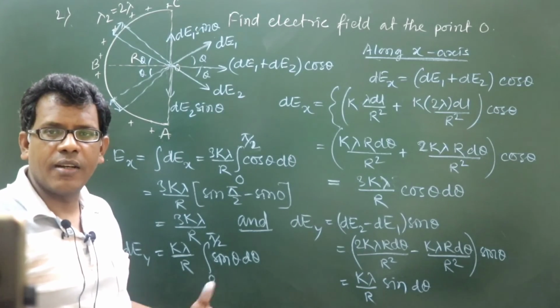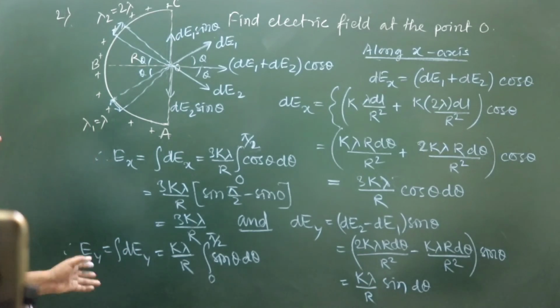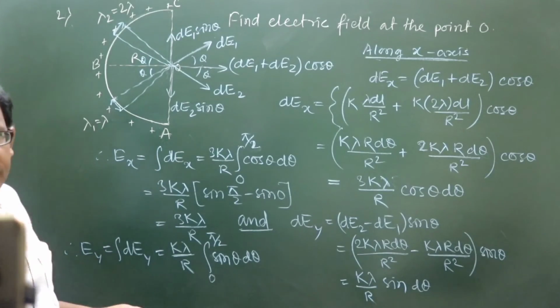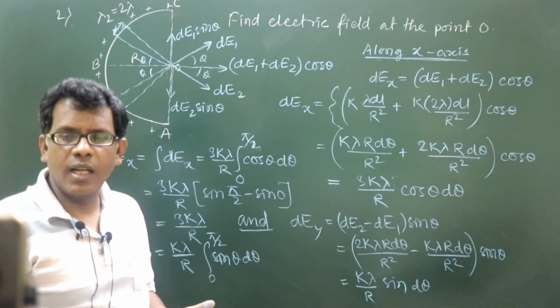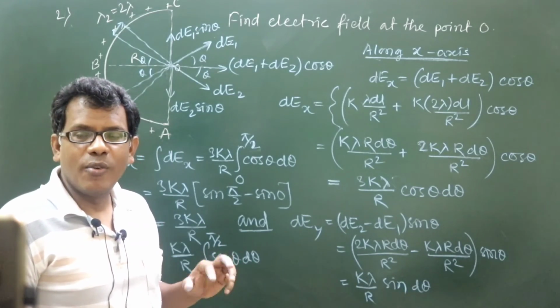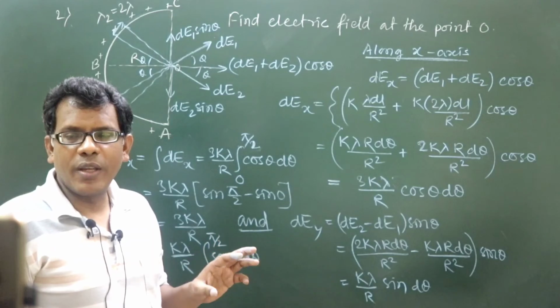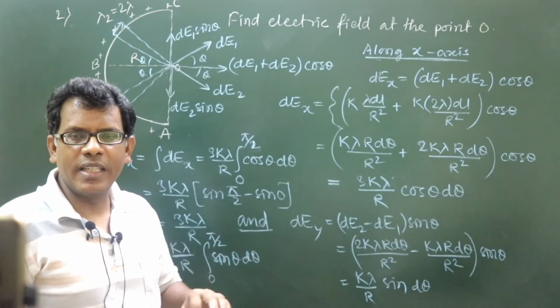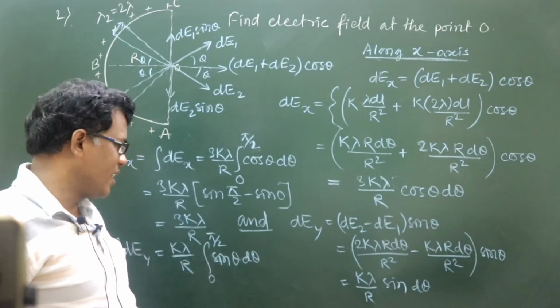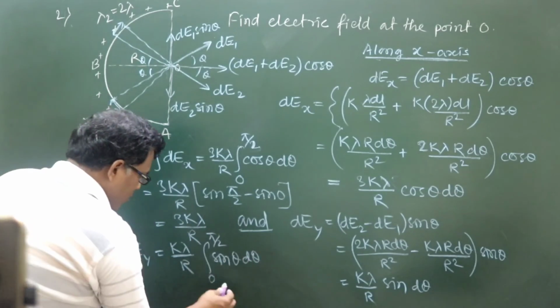If we integrate theta for one half, it will automatically cover all elements on the other side as well. So integration of sin theta will be minus cos theta, right? For limit 0 to pi by 2, we can make it plus, interchanging, that means cos 0 minus cos pi by 2, again the result is 1.